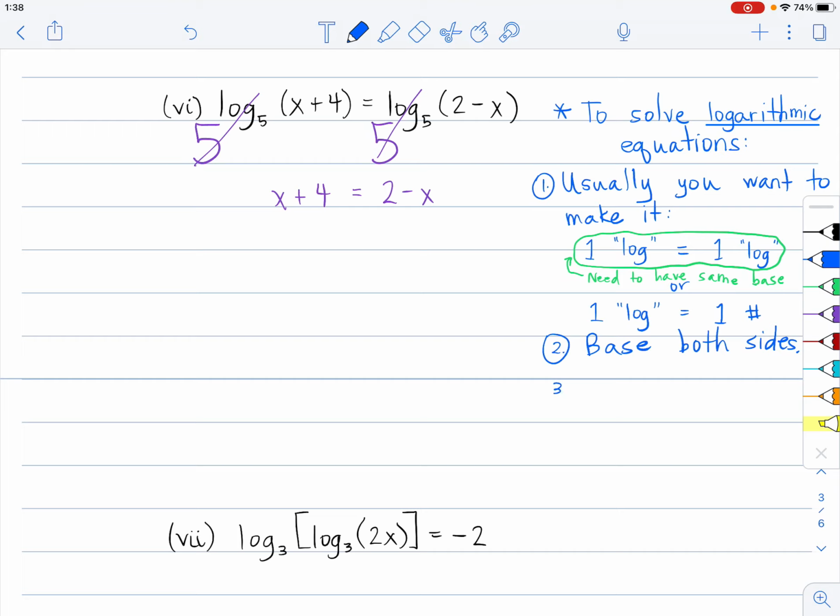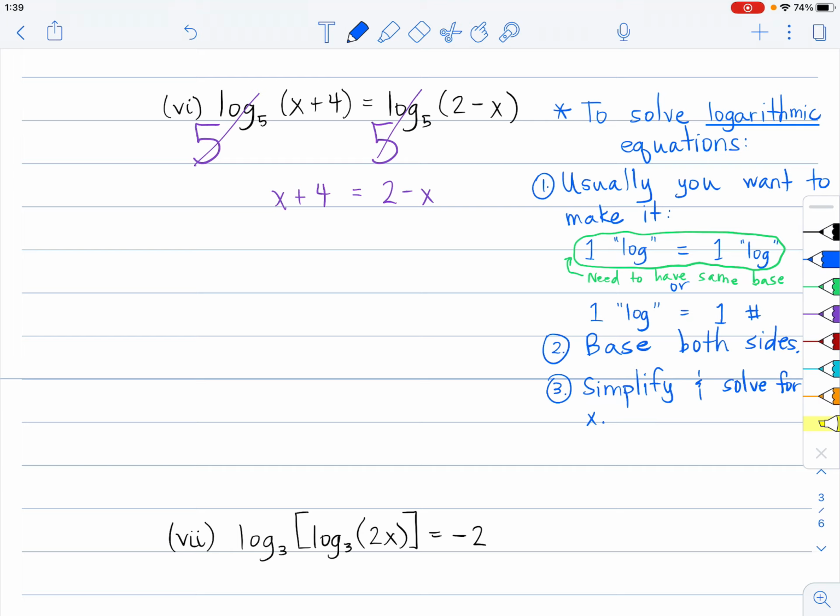Step 3 is simplify and solve for x. So we simplified when we did 5 raised to the log base 5 of x plus 4 cancels and 5 raised to the log base 5 of 2 minus x cancels.